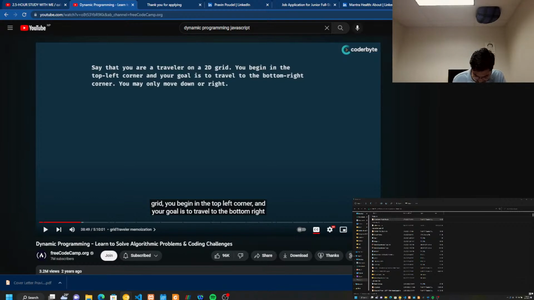If it equals the bottom end, position plus one step right, and this is steps plus 1.